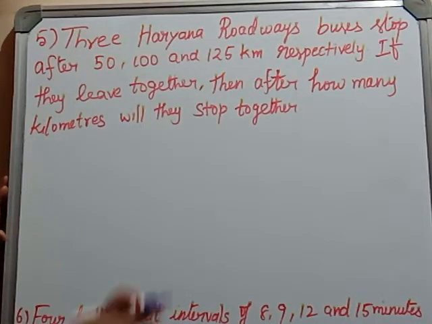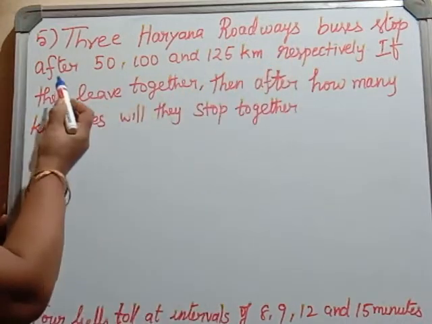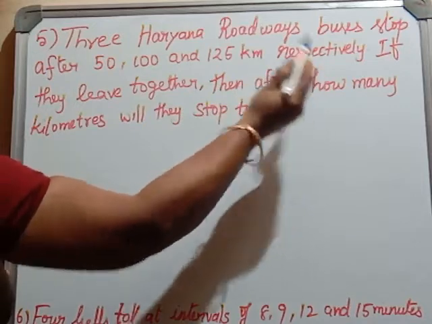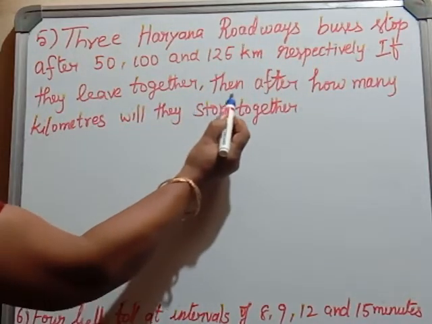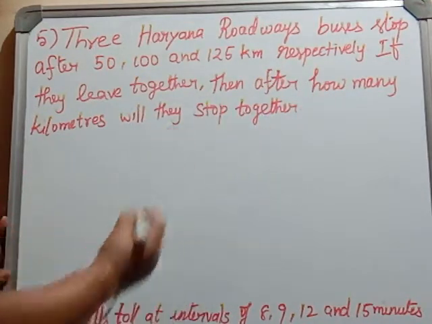That is the fifth sum. 3 Haryana Roadways buses stop after 50, 100 and 125 kilometers respectively. If they leave together, then after how many kilometers will they stop together?